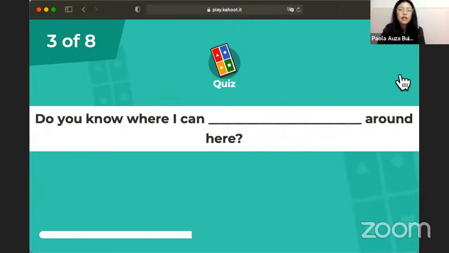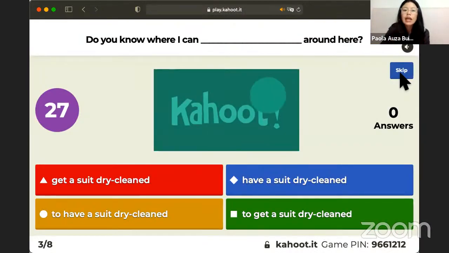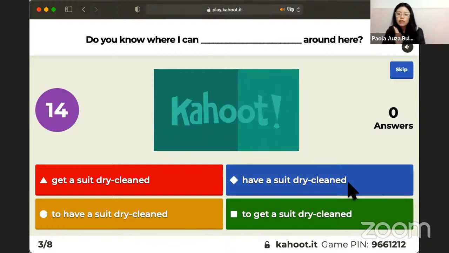Number 3. Question. Do you know where I can get a suit dry cleaned around here? Have a suit dry cleaned around here? To have a suit dry cleaned, or to get a suit dry cleaned? I think in this one you have 2 options, but I'm not sure. Try if you get 2 options.